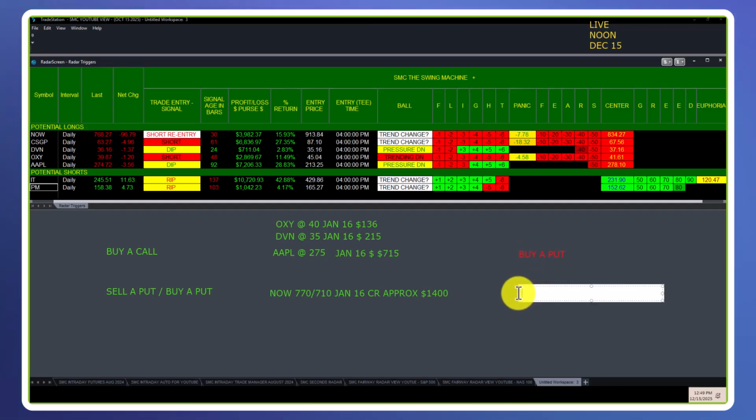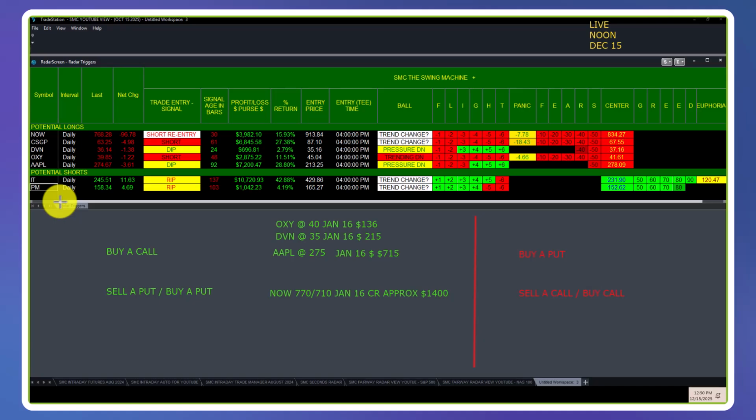Or we could sell a call and then buy a call, if we wanted to get short. And maybe I should draw a line down here. So what are the potential shorts? Philip Morris and this thing IT. It's a really big bounce.